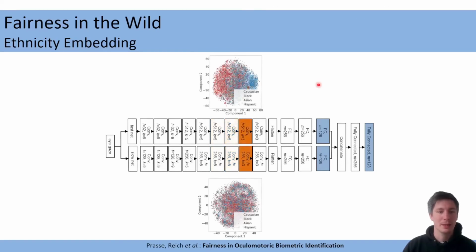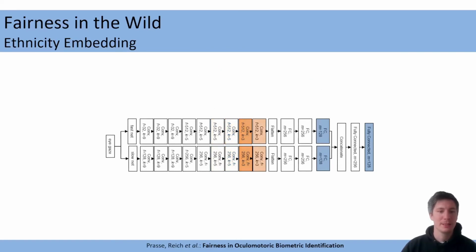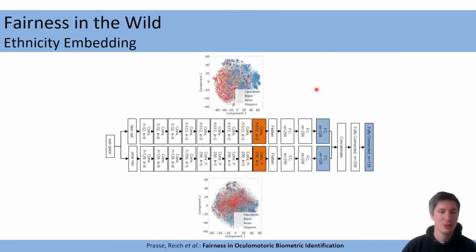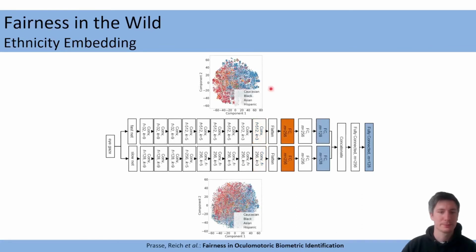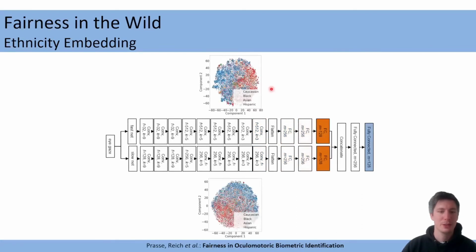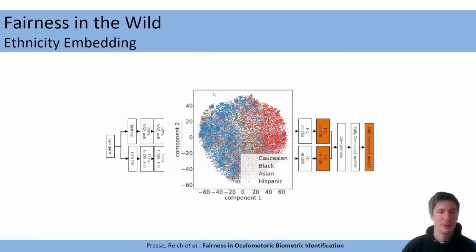We can see that the deeper we get into the model and the larger the receptive field gets, the more clusters form with respect to ethnicity. Here we see the final picture that we had at the beginning, clearly showing the clusters for Caucasians and the clusters for Hispanics.